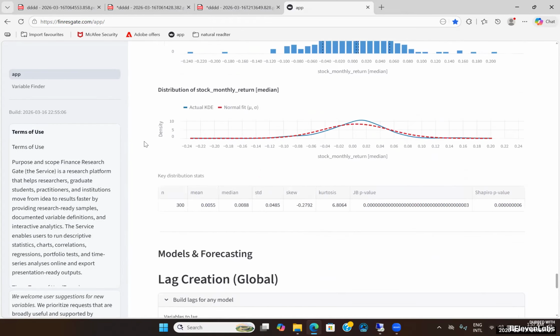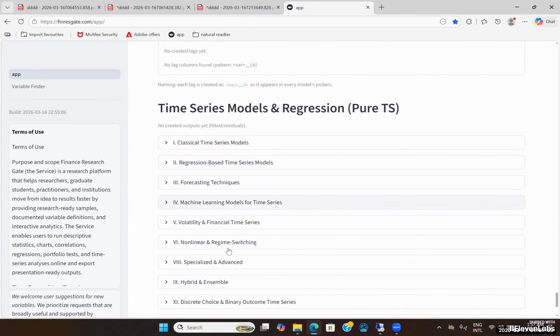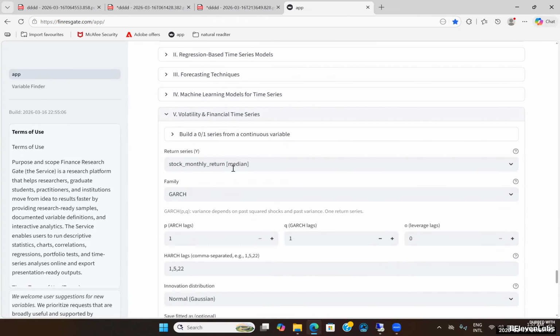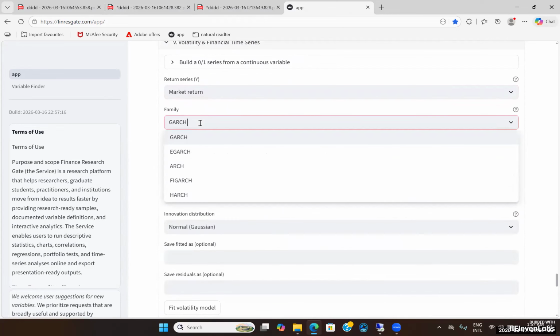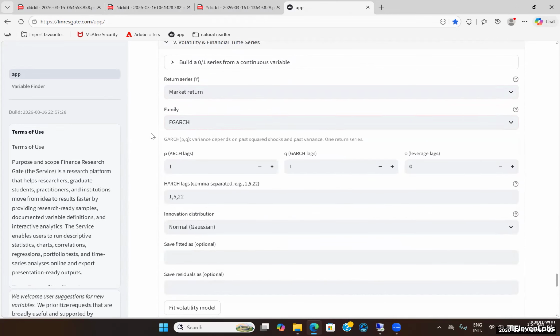As you scroll down to the designated section focusing on volatility and financial time series analysis, we then proceed to carefully select our primary variable of interest, which in this particular case will be the market return itself. And then from this menu, we will select the EGARCH model.